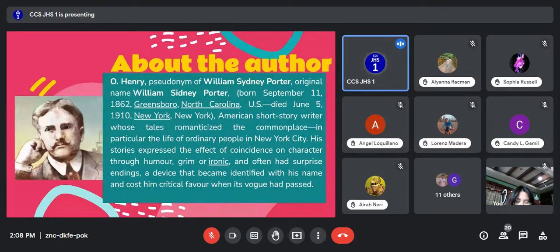Or like, his stories are mostly focusing on the commoners. And his stories express the effect of coincidence on character through humor, grim or irony. Most of his works have surprising endings, and you will find that out later.